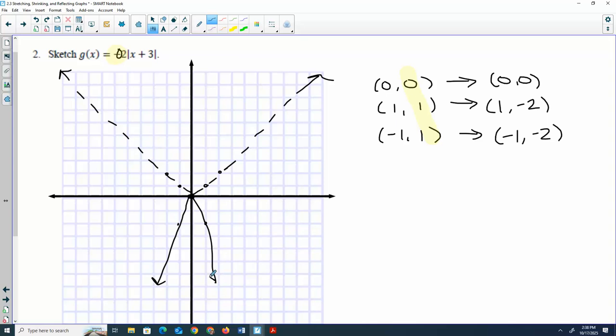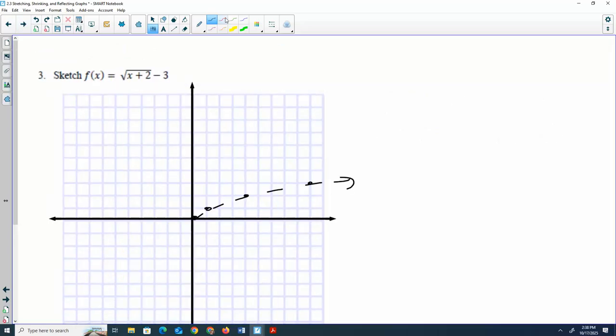Then what do I have to do to get my final graph? Left 3. So just make sure I can tell the difference, so whether you just lightly sketch the other one in, or highlight it, or go back and erase your middle step, that's whatever you need to do, but this is my final answer.